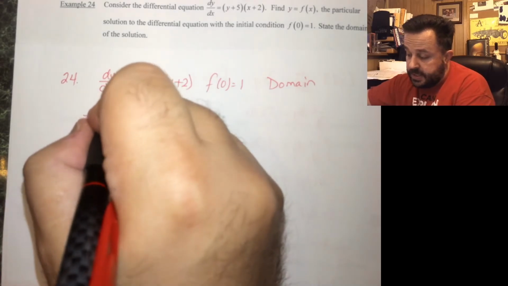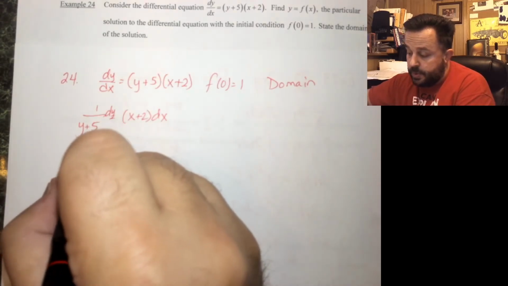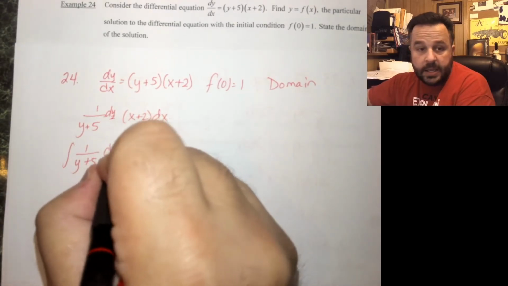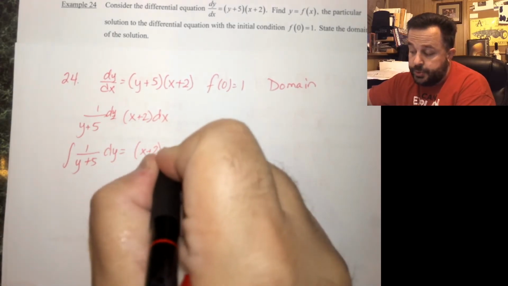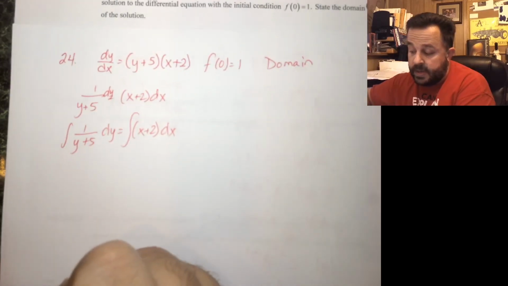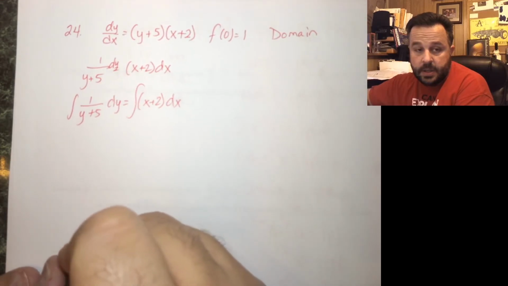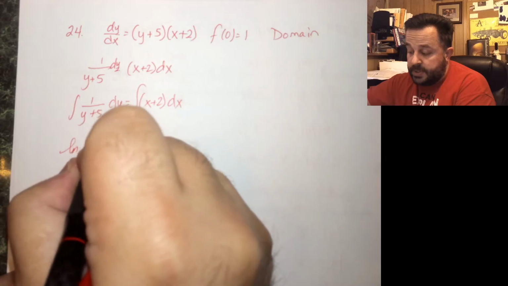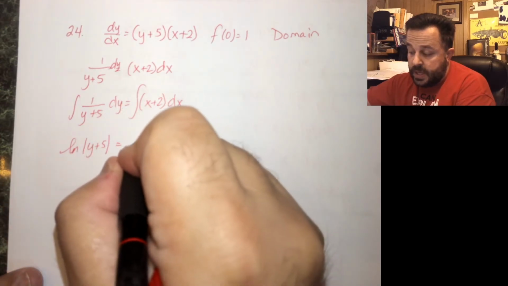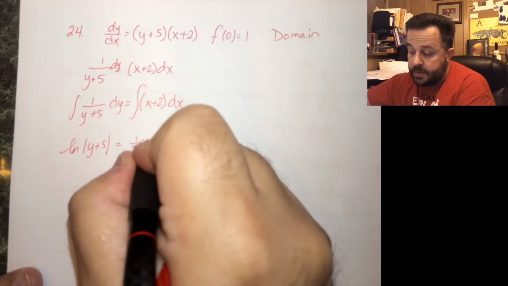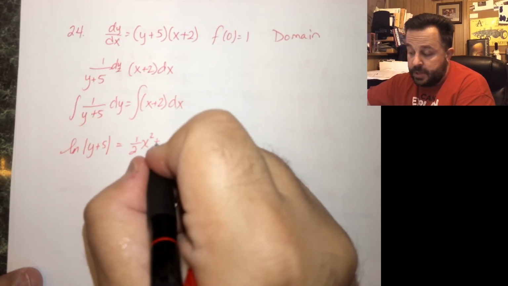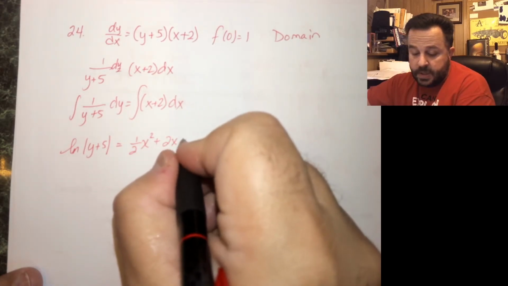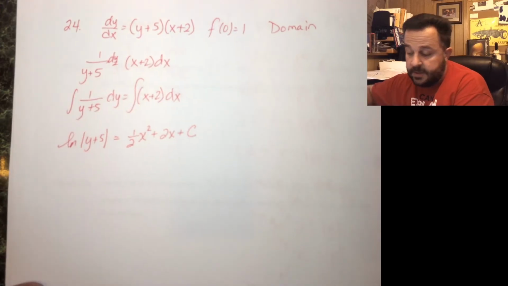We're going to integrate that. So this becomes the ln of the absolute value of y plus 5 equals 1/2 x squared, or x squared over 2, plus 2x plus c.